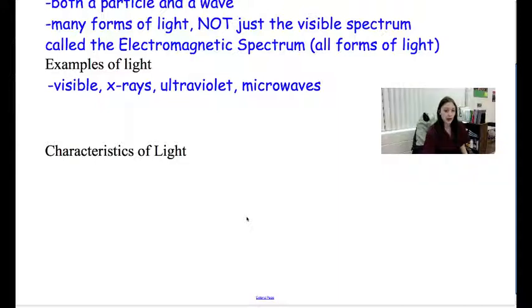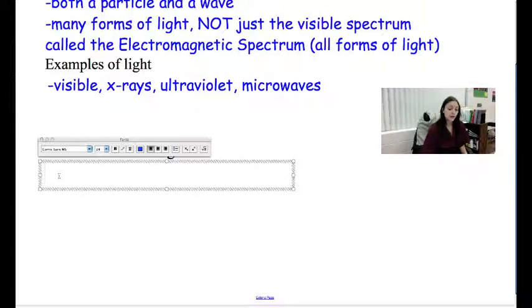Now, when we look at light, light has certain characteristics. And hopefully we have covered these in previous years, but I'll give you a little refresher. Light actually has two characteristics. It has a wavelength, which is going to have a neat little sign here that I'll write in a second.